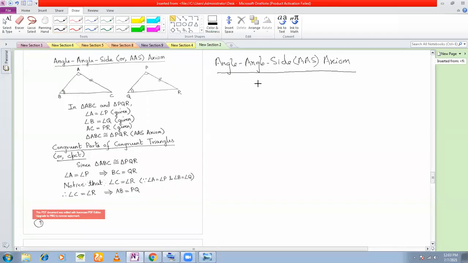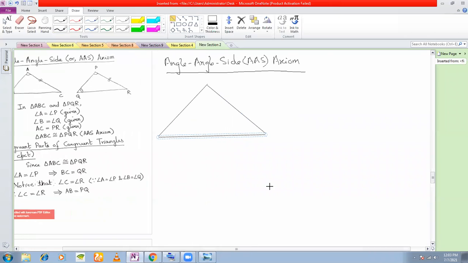Given two triangles, these two triangles are given to you.